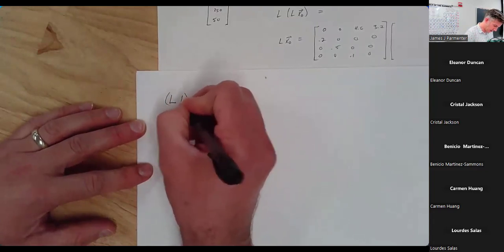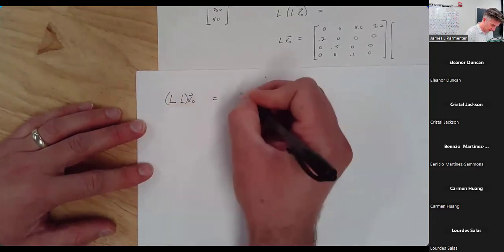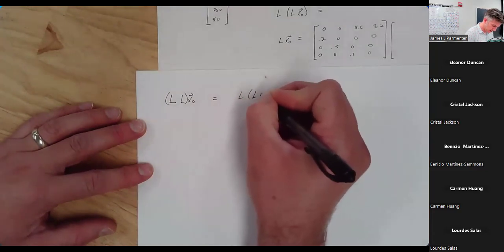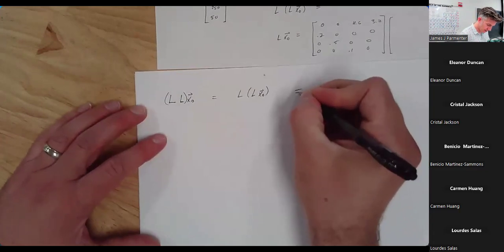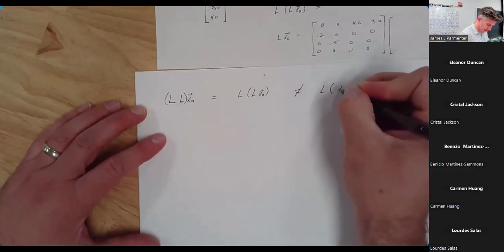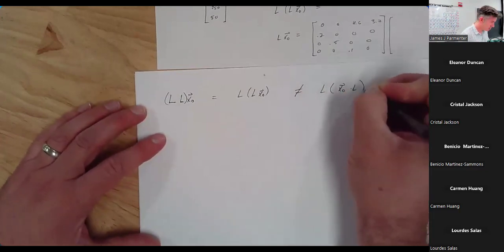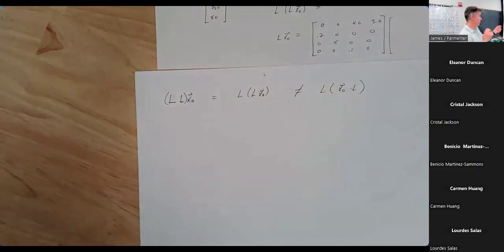I can group either like this or like this, because I'm not changing the order of multiplication. It's not the same as L times x naught times L. We can't change the left-rightness of the multiplication, but we can change the groupings.